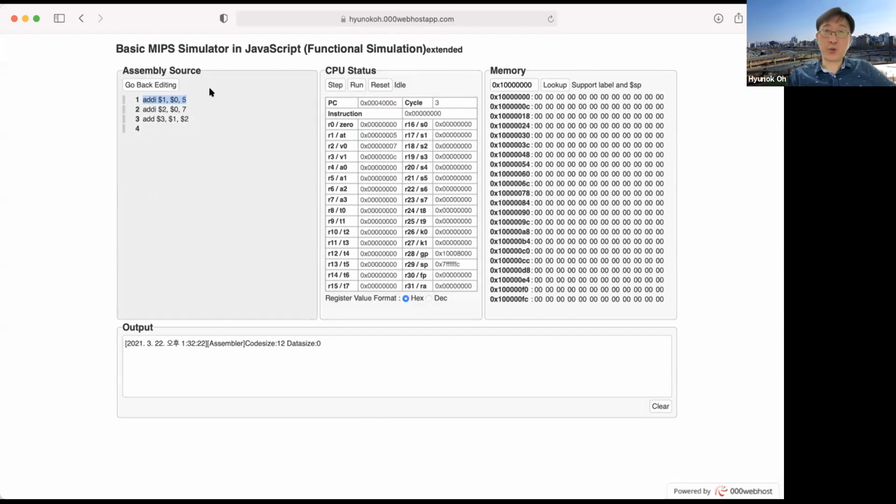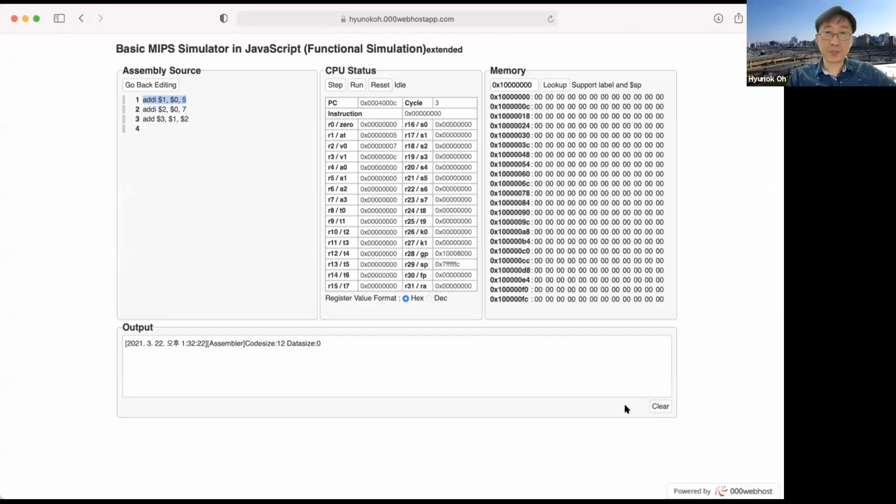So can you write this code on your simulator? And also, can you share your screen? I think everybody can share, right? Can you share your screen, everybody? Can you do it?